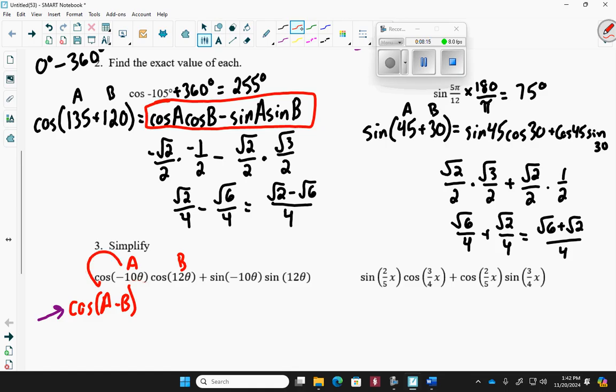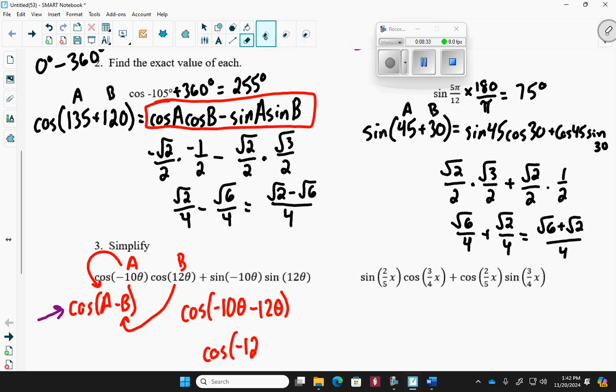I'm going to take negative 10, plug it in for where A is, and then take positive 12 theta in for B. So here we go. Cosine is negative 10 theta minus 12 theta. Do the math. My final answer is cosine negative 22 theta. There we go.